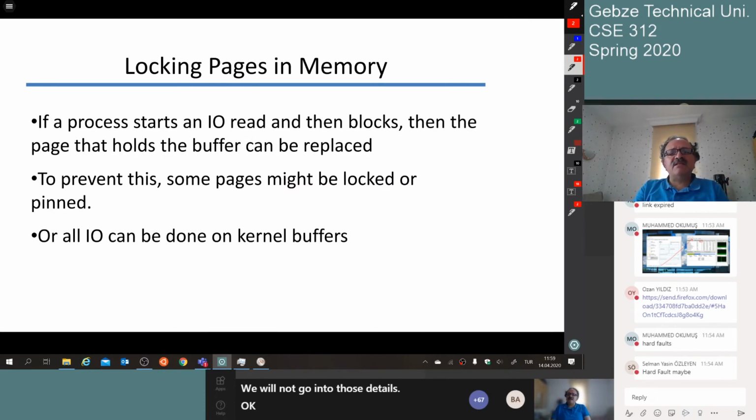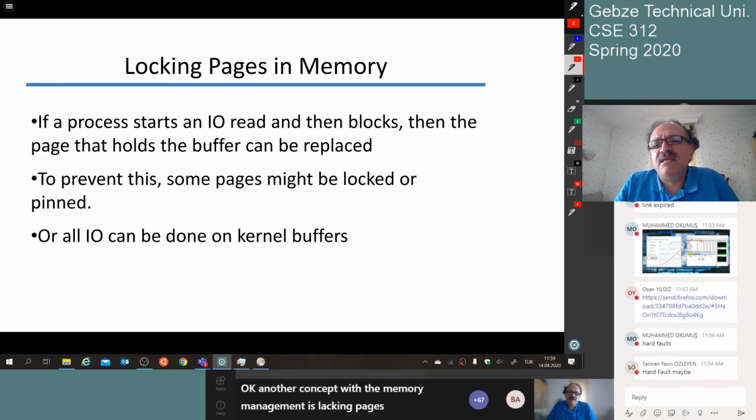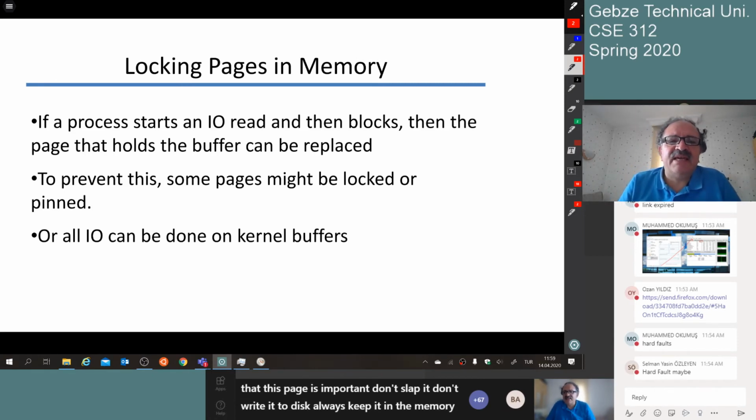Okay, another concept with memory management is locking pages. Sometimes you may need to tell the operating system that this page is important, don't swap it, don't write it to disk, always keep it in the memory. So this happens in this case.